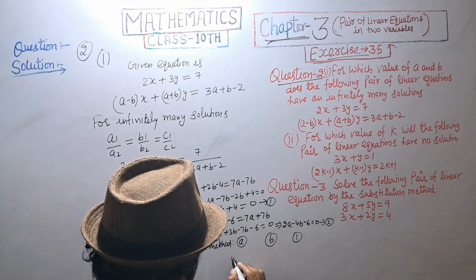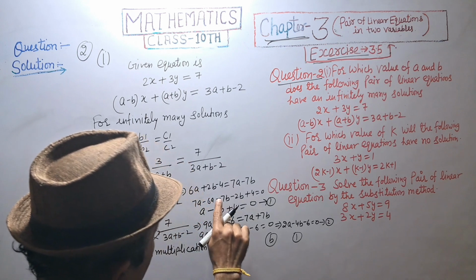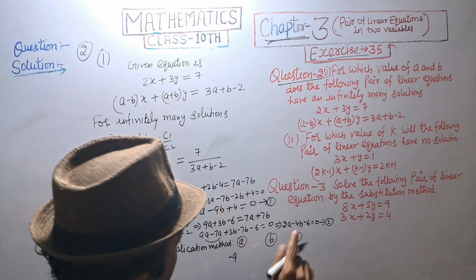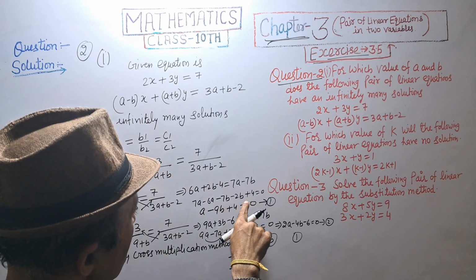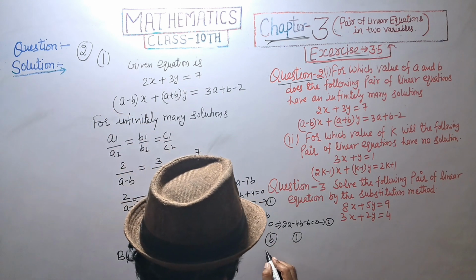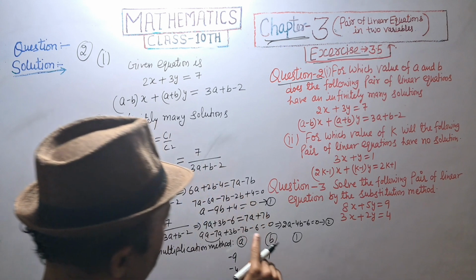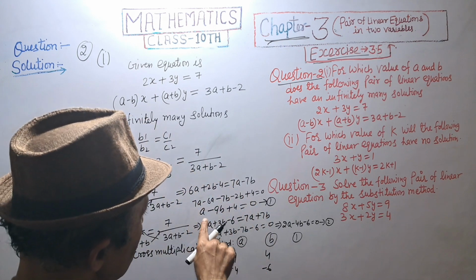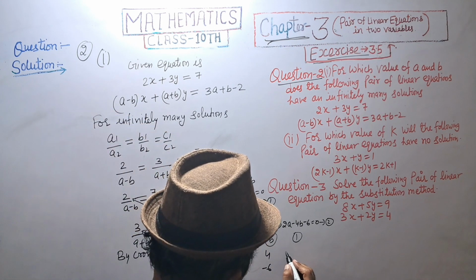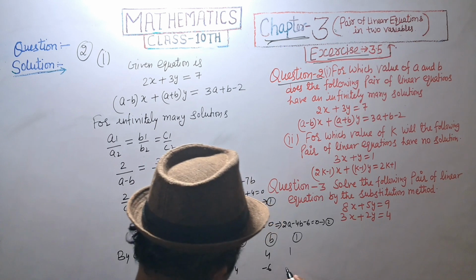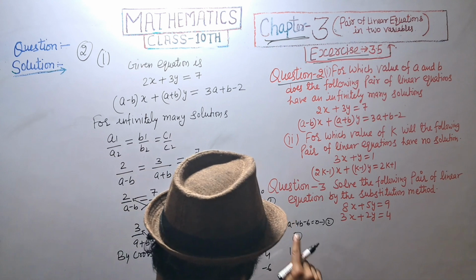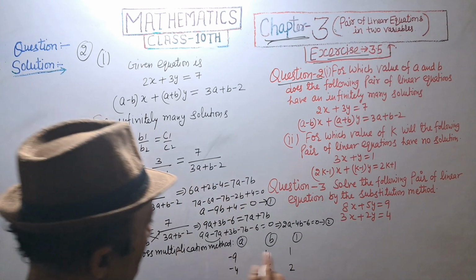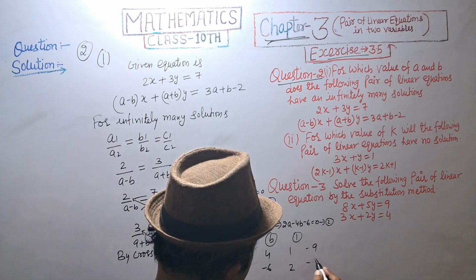Minus 9, minus 4, 4, minus 6, 1, 2, minus 9, minus 4.